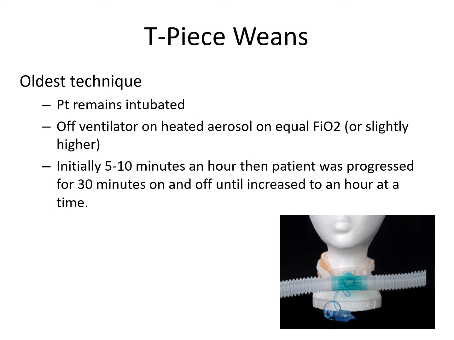It just kind of depends on the patient, on how well they do. You will definitely see people coming out of recovery on T-pieces, and that's just a dry T-piece that they put them on from OR.